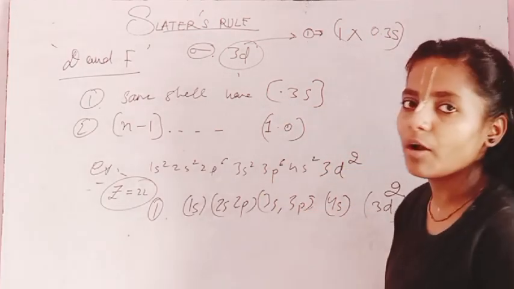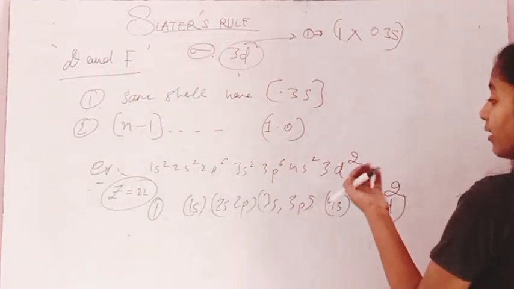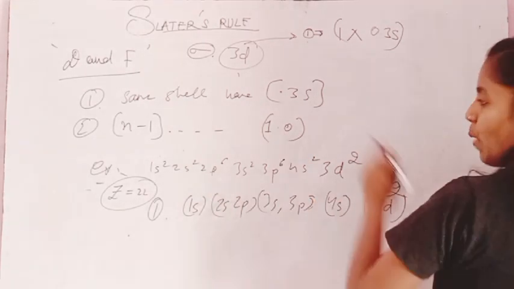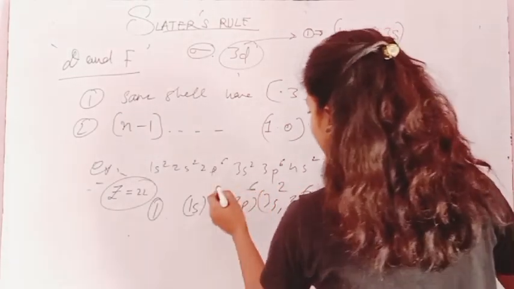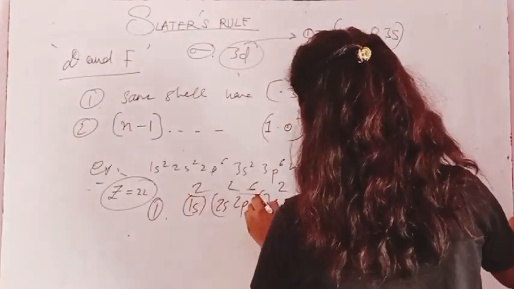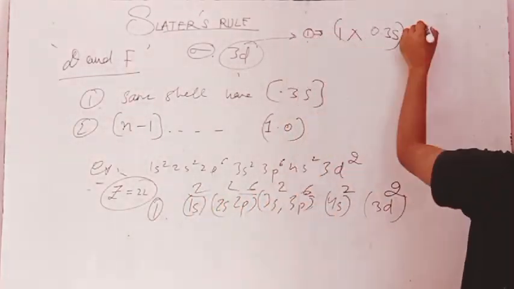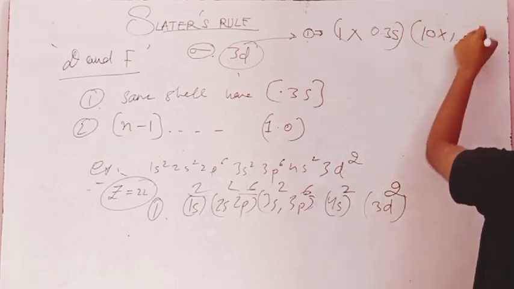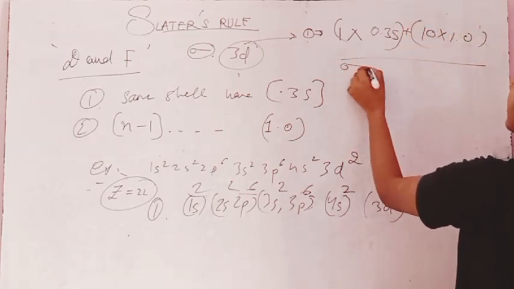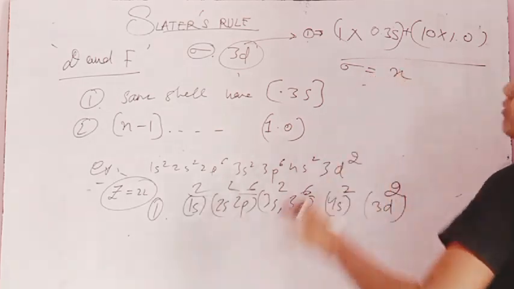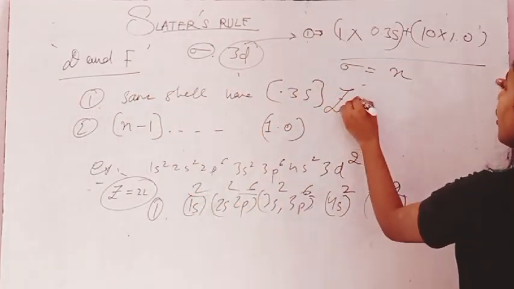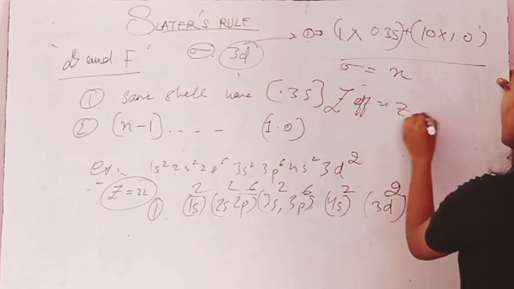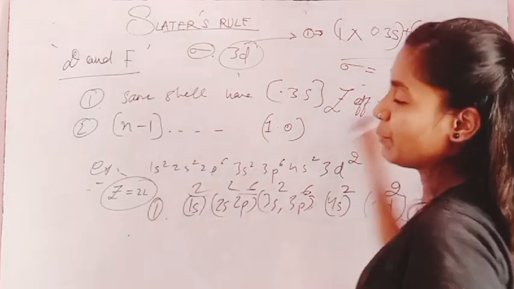What is the contribution from leftover electrons? That is 2, 6, 2, 6, 2, 2. So that's your 10, and 10 multiplied with 1.0, and add on this, and you would get some value like x. If you get it for sigma, you can easily clarify what is the value of Z effective going to come, that is Z minus sigma for the same species.